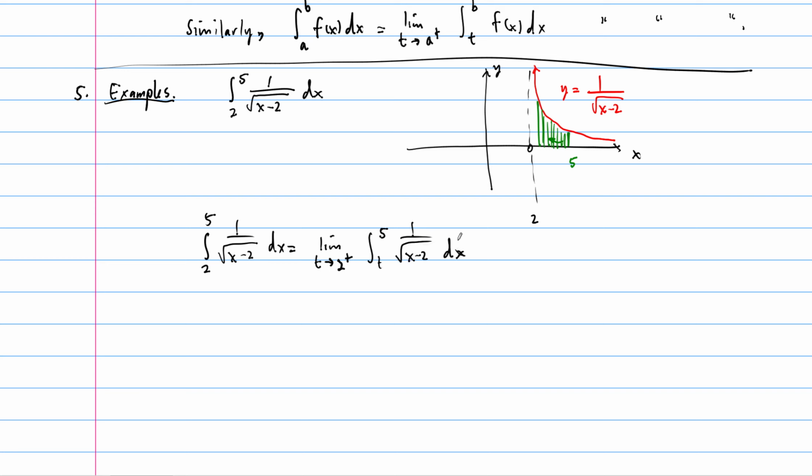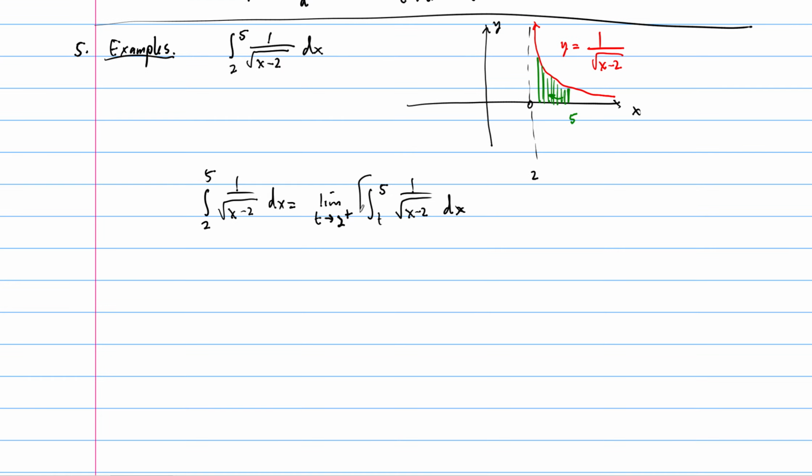dx. All right, and so now we have to integrate. This part gets integrated, so we can forget about this for a minute. Well, what's the antiderivative of 1 over square root of u? Well, let's write it this way.